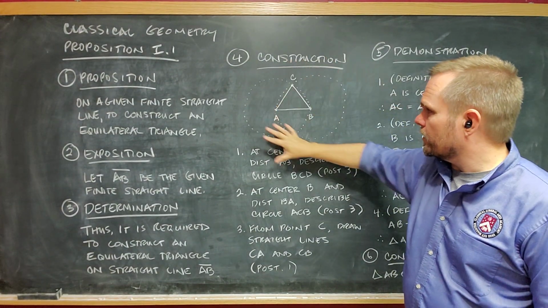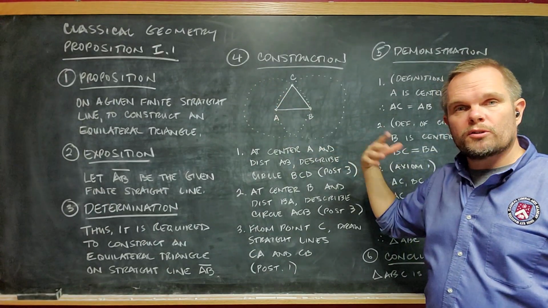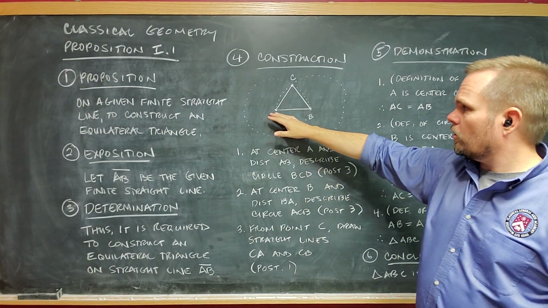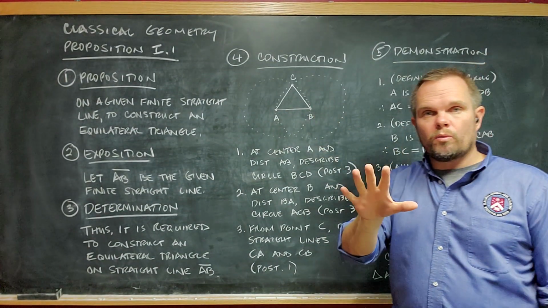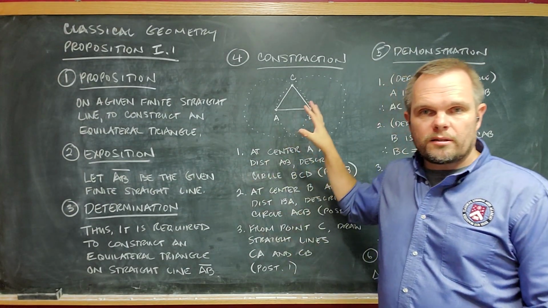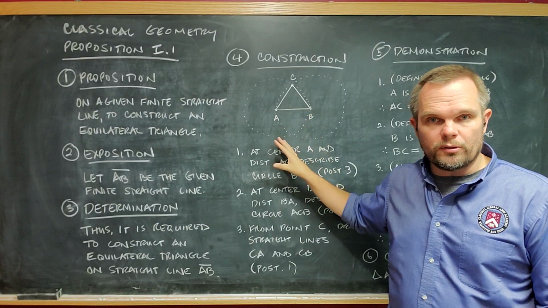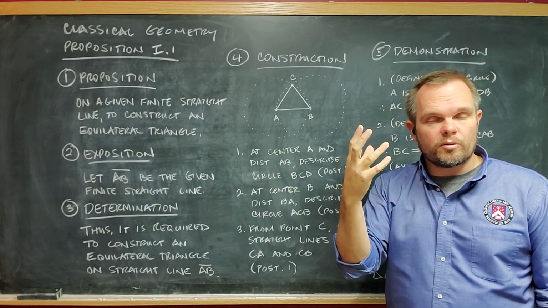Now you see here the finished construction, but I want you to unsee it as we get started. Imagine that all you see is the line AB. And remember one more thing. These points and lines and figures are symbols of perfect figures that we are to imagine.